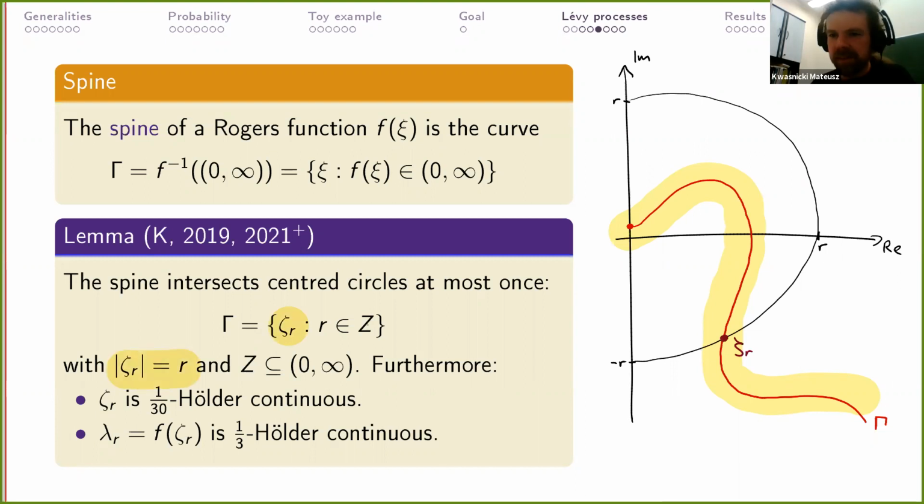And r is in some set. It's not necessarily the entire half-line. It can be a smaller half-line or even a finite interval or more complicated things. It's fairly intuitive that this parameterization zeta r is nice. I was able to prove that it's Hölder continuous with exponent 1/3, but actually a nice conjecture is that it's 1/2 Hölder continuous. But I have no idea how one would prove that kind of statement.